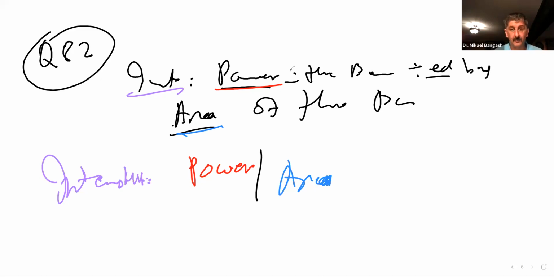Which means that as you divide the power by the area.